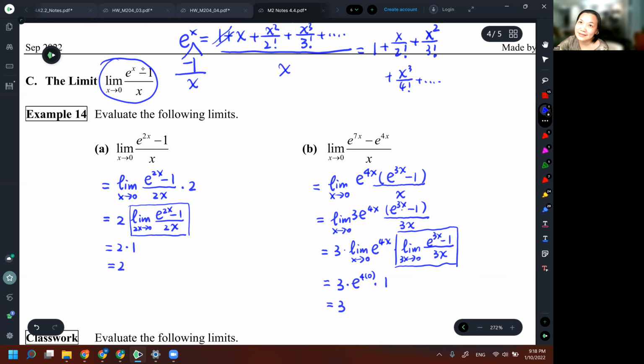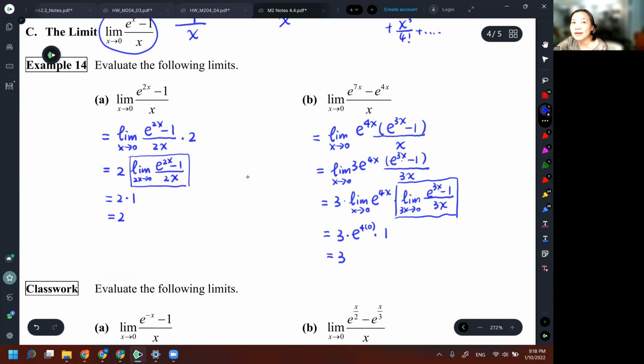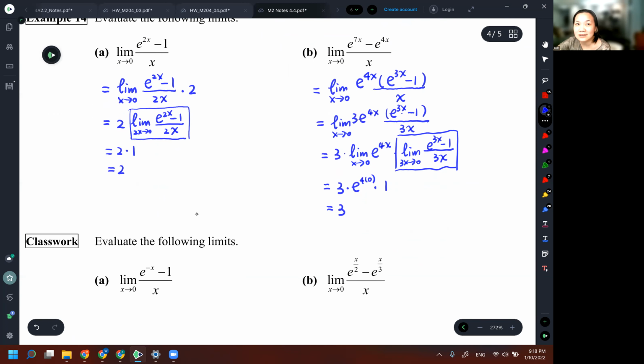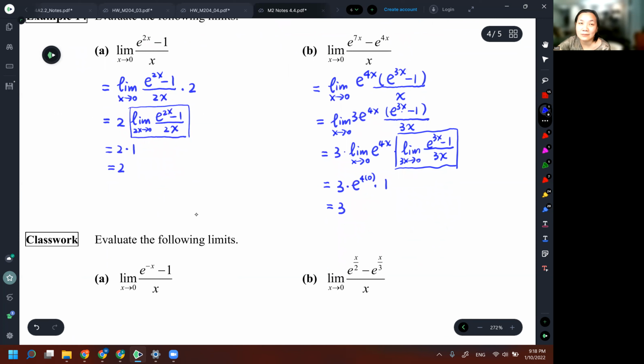I will factorize this for you using the polynomial approximation of e to the power x, and then figure out for you. And then for the rest, you will try to create something on your own and use the special limit and find out the limit. Now you can do the exercise. And when you're done, please let me know. Turn on your cameras, please.